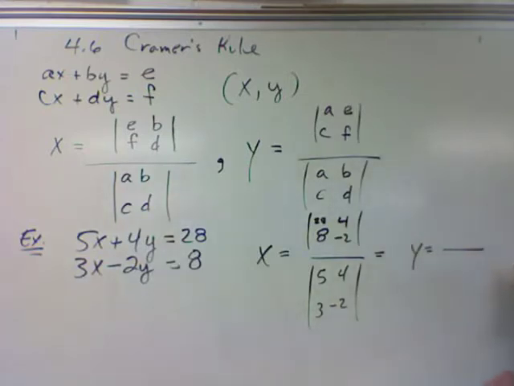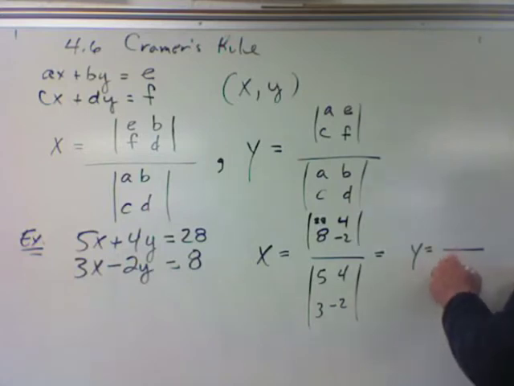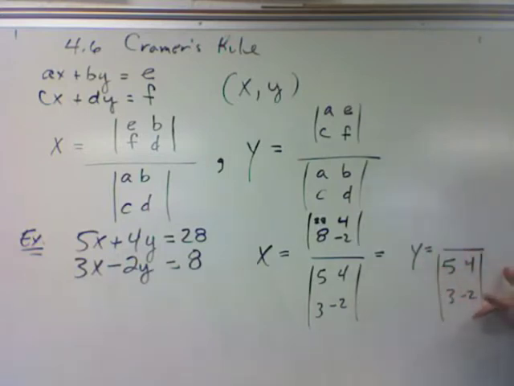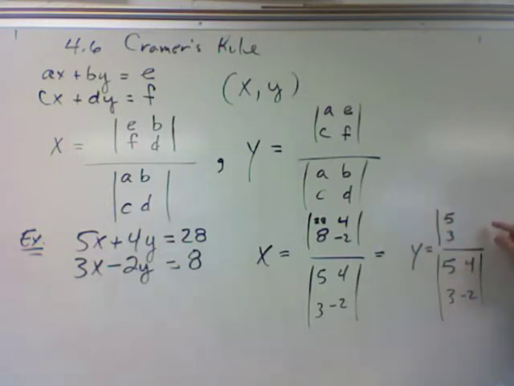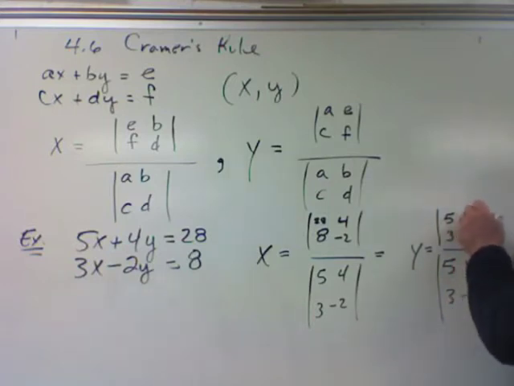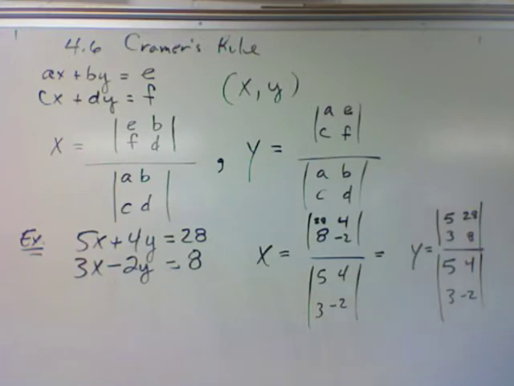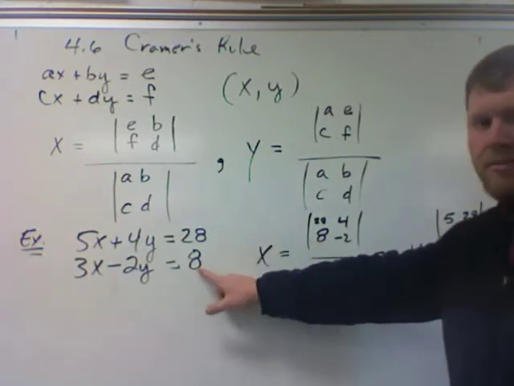The bottom is the same thing here, so that's convenient. It'll be the same value. But the one up here will be different. Up here I'm going to have 5, 3, and then the solution column, 28, 8.